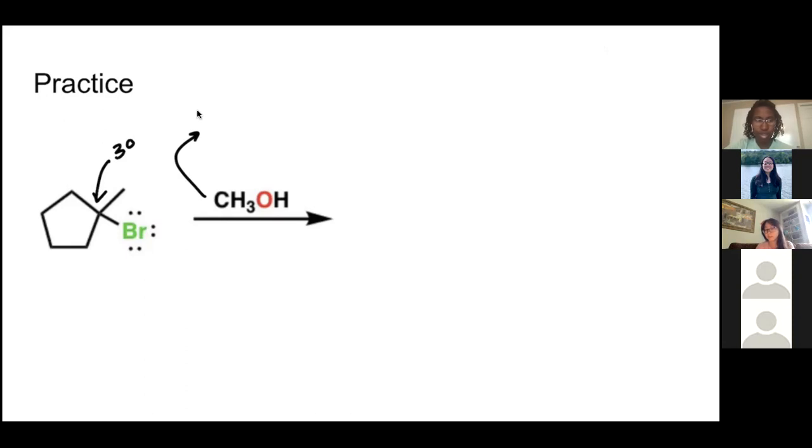All right, you may remember from before, it's going to be polar protic. It's not going to be a strong nucleophile or base. So let me write: not a strong nucleophile or base.